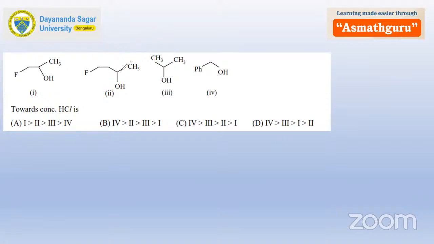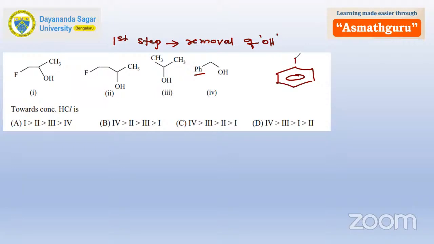Then coming to this one. What will happen when it reacts with HCl? The first step is removal of OH. So what will happen when you remove OH? Let us simply take the fourth one. What is Ph? Benzene.